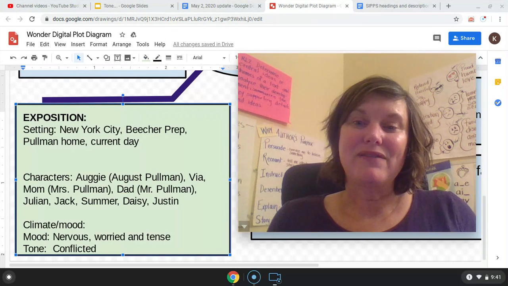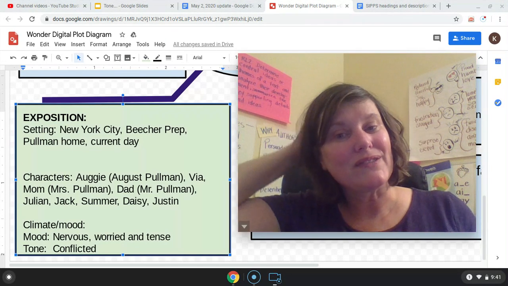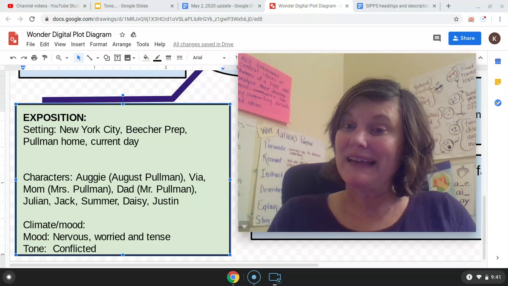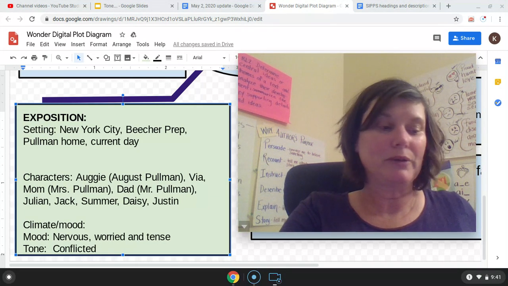And Miranda didn't have anyone from her family there in the audience. So that was a really cool technique the author used. That's a technique you could use when you're writing a story.